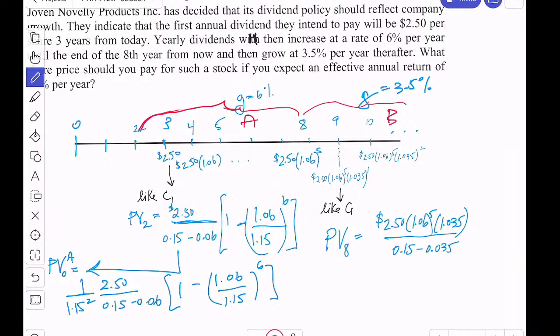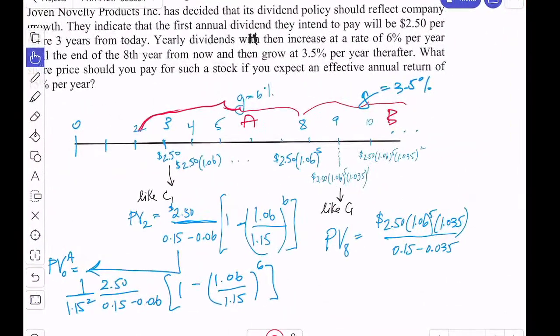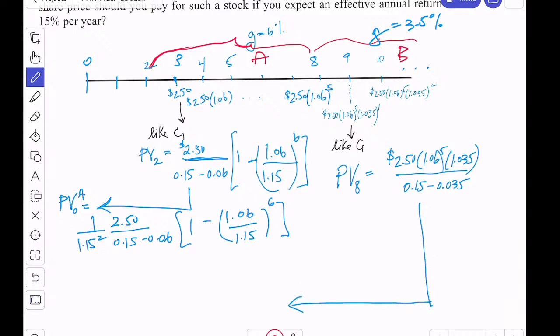And then this portion here would be the PV0B, which would be discounting it 8 periods back.